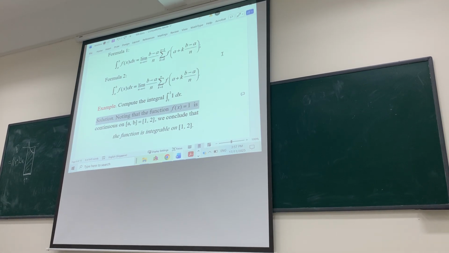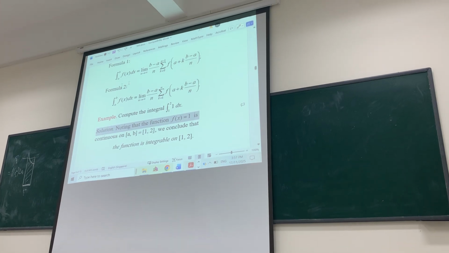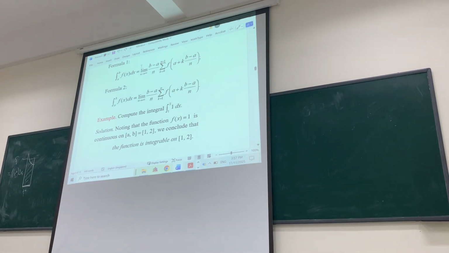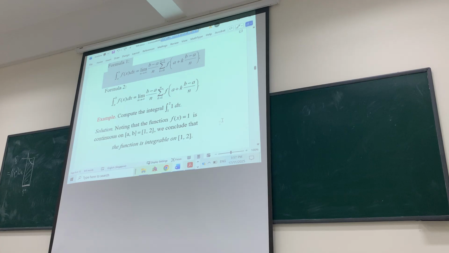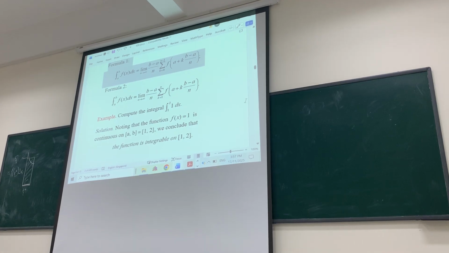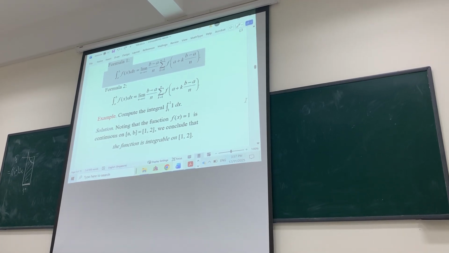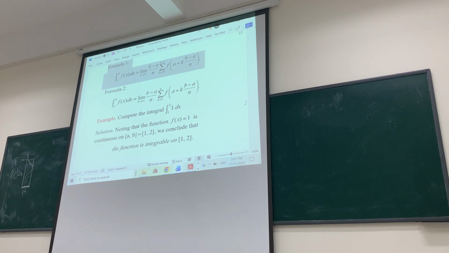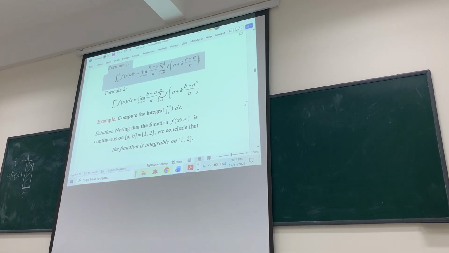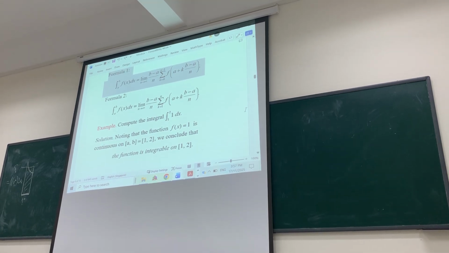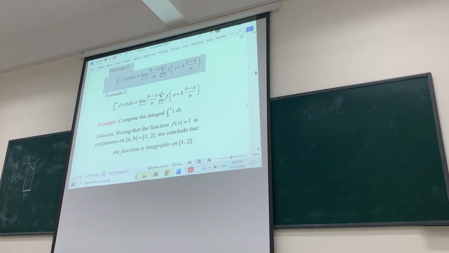Now, continue. Apply formula 1 to compute the integral. The function f is constant, identical with 1.